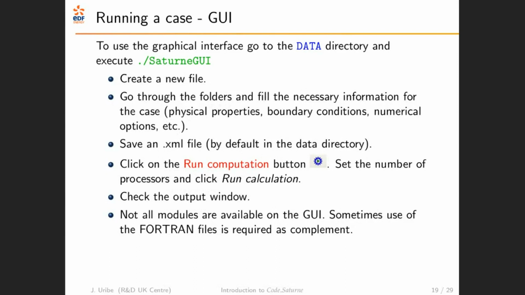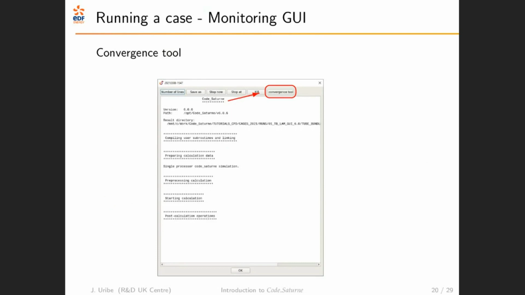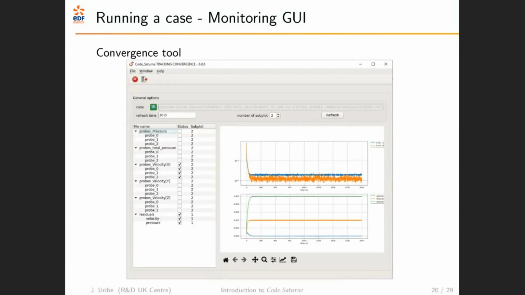As I said before, not all the modules are available on the graphical interface, so sometimes you need to use Fortran or C files for changing things that you may want to use. So the convergence tool, when you click here, by default will show you a plot of the residuals of the equations that you're solving.